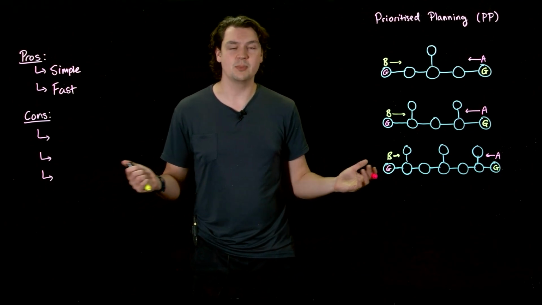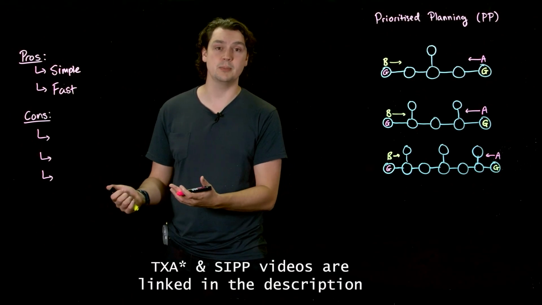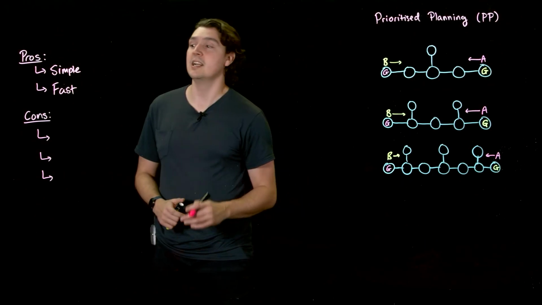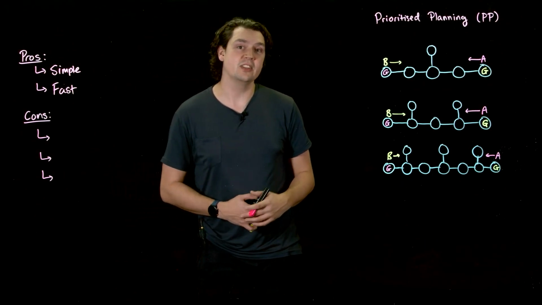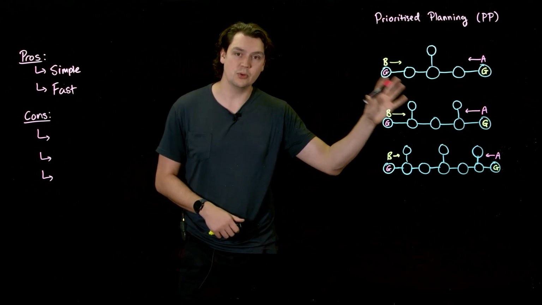Just plan single agent paths. We've been doing this for ages. We've just had a look at both TXA star and SIPP, as well as these really fast solvers for temporal problems.